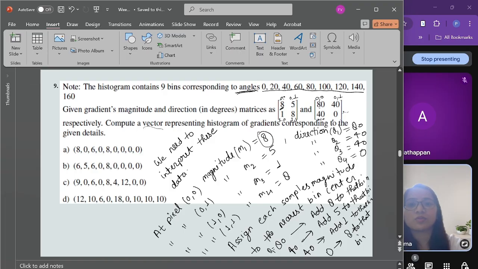So there are 9 bins corresponding to the angles that are given. Let's take a new slide.